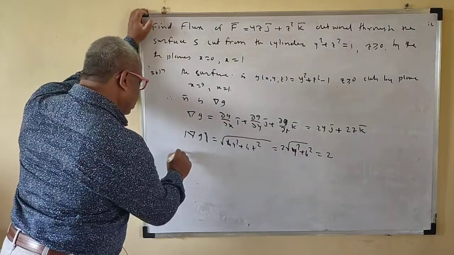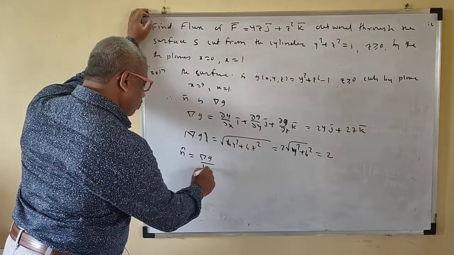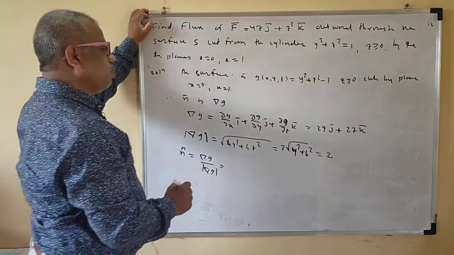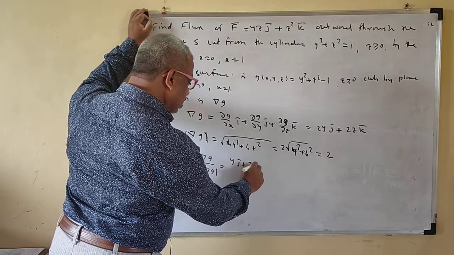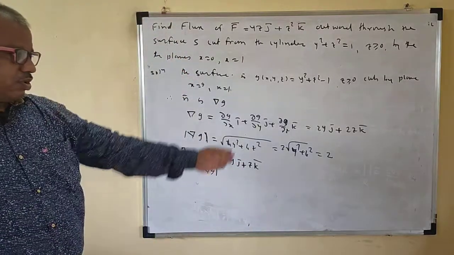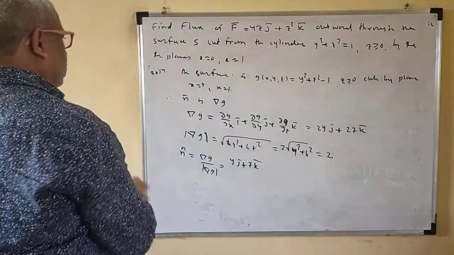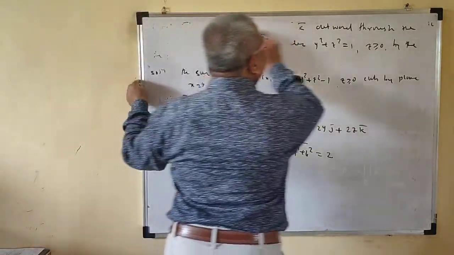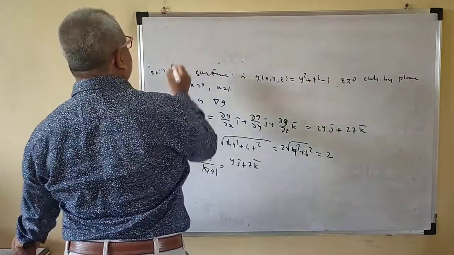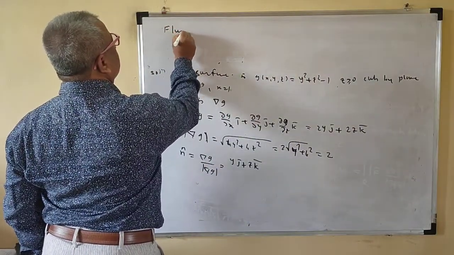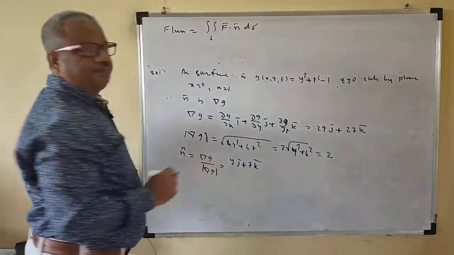Now n bar or n cap is the same as ∇G upon mod ∇G. So this is y j bar plus z k bar, if you divide by 2, the 2 gets cancelled. Okay, so we write the formula for the flux first. Flux is the surface integral over S of F bar dot n cap dσ.